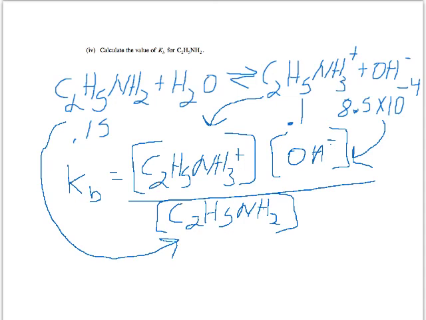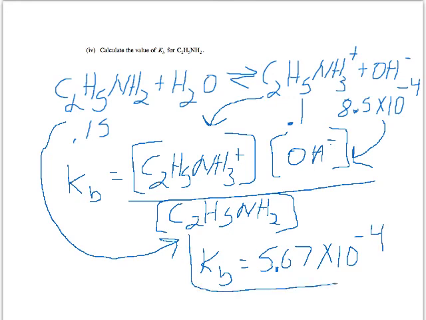Okay, so when you put all those in, you get Kb equals 5.67 times 10 to the minus fourth. So you actually had calculated everything that you needed for this problem previously, and that's very typical of AP problems, is that at the end you'll use the information that you have calculated previously.